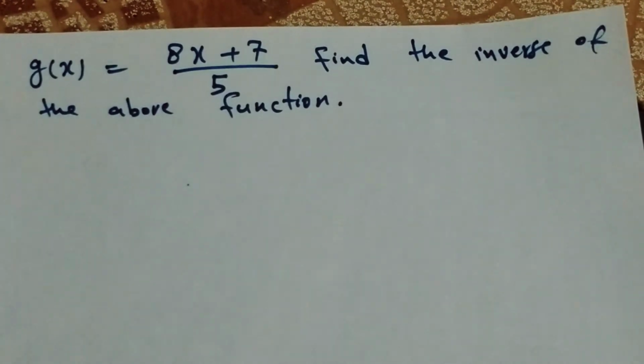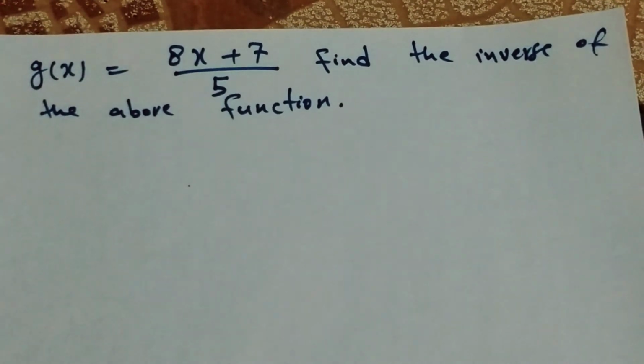So there are some steps. You have to understand the steps. If you understand the steps, questions will be very easy. Some students get confused in converting to inverse. There is no confusion. It is very easy, my dear. So let's see the first one.